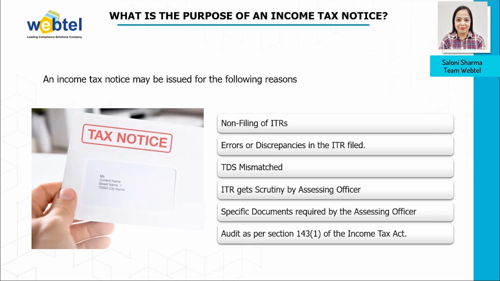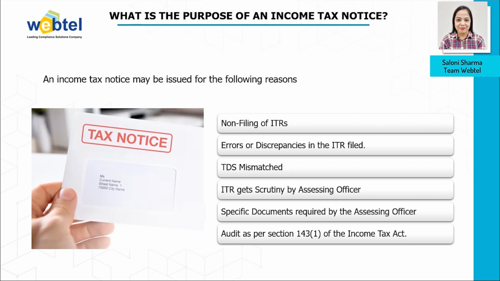Then comes ITR getting scrutiny by the assessing officer. Once a taxpayer has filed their income tax return, the Income Tax Department begins reviewing and assessing the document. The department carefully examines the return to ensure its accuracy and authenticity.